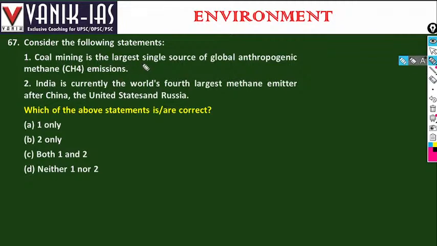Coal mining is the largest source of global anthropogenic emissions, CH4 emission. No. Coal mining is not the largest. Agricultural fields are the largest. Swamps. So India is currently the world's fourth largest methane emitter after China, United States and Russia. So the second statement is right regarding methane.